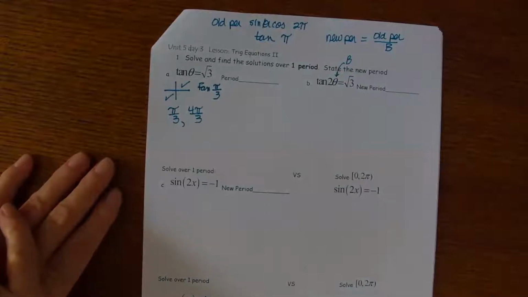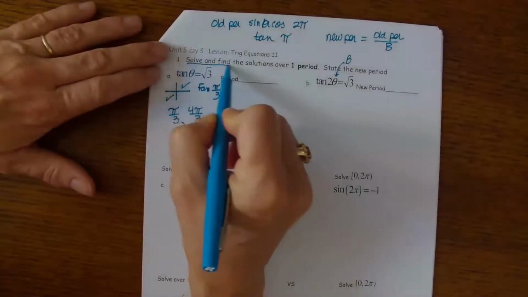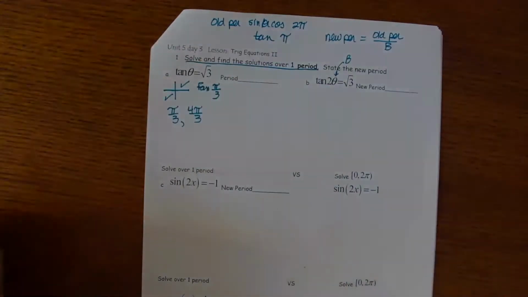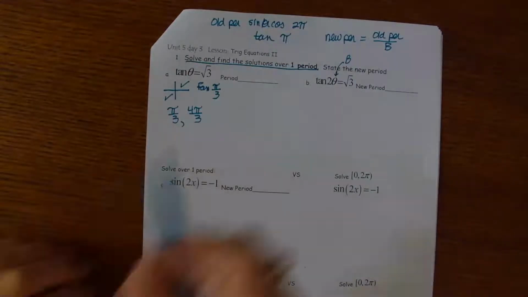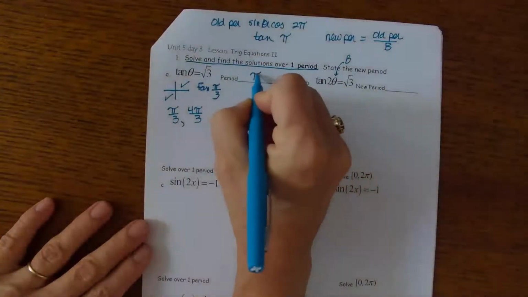Now, we got to think about this. Something's going to change. What are your directions? So if any of your answers are bigger than one period, we cannot use them. Now, what's the period for plain old tangent? Pi.